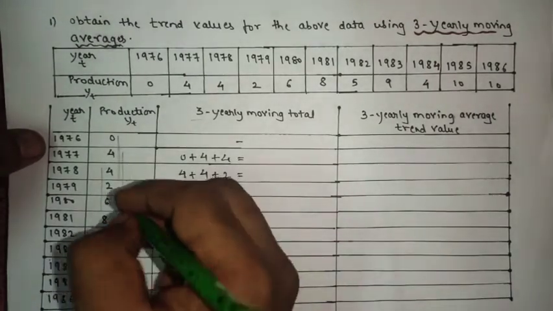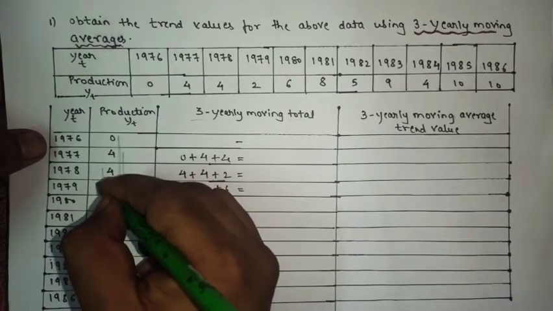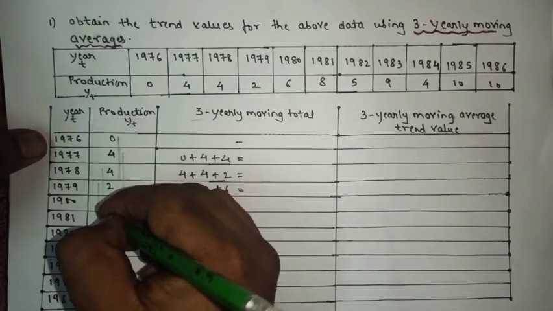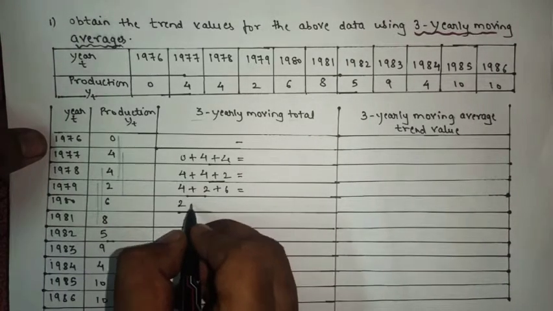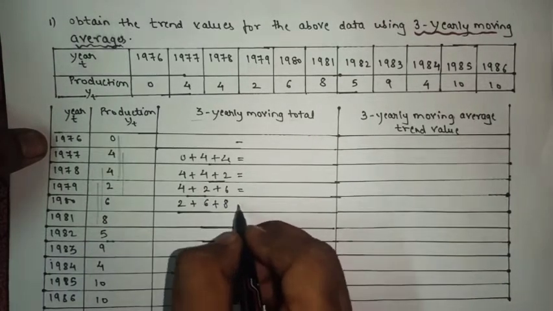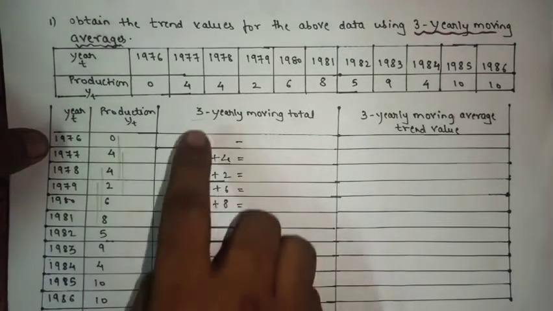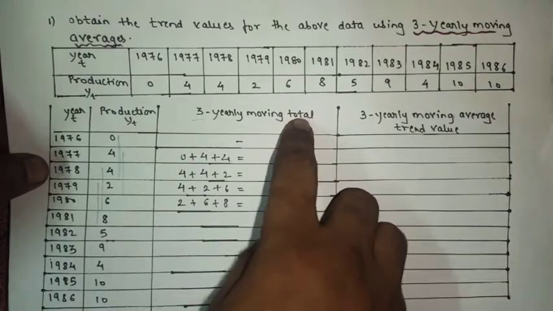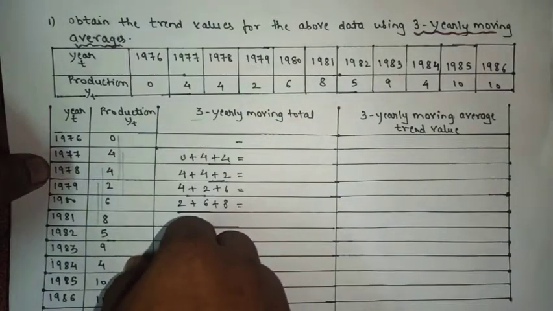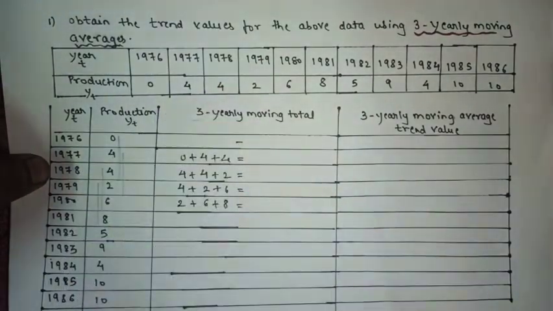Then after that, from 2, 6 and then 8: 2 plus 6 plus 8. Got the point? So understood what you mean by 3 yearly moving total? We have to find the total of the production taking 3 years. Understood?